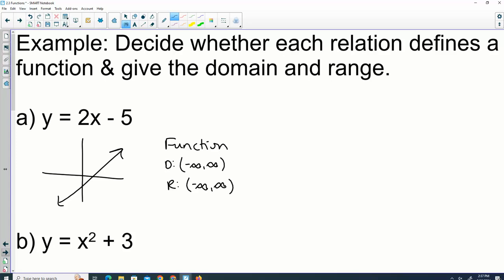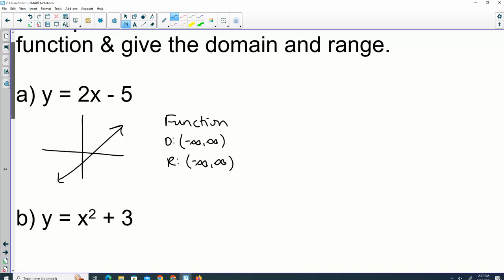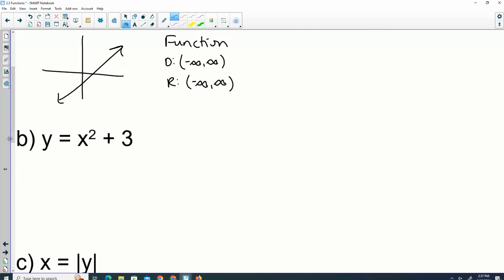Okay. If I said y equals x squared plus 3, what's that look like? Parabola. It's just been moved up a little bit. Is that a function?